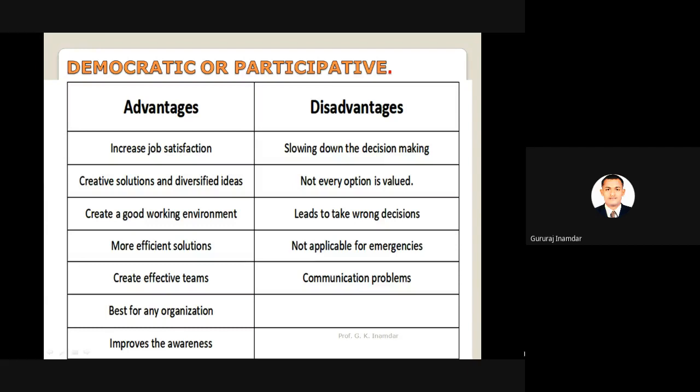Due to the experienced faculty, due to the discussion, and the number of people who are involved in the same problem, definitely the more efficient solution will be found. So this is also an advantage of the democratic leadership style. Creative, effective team.